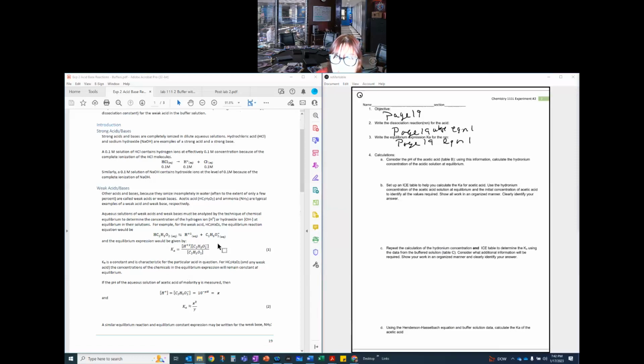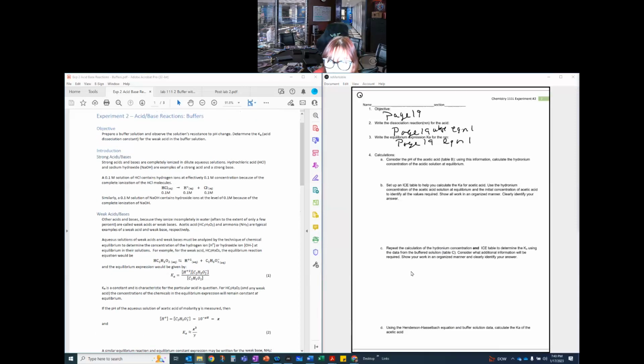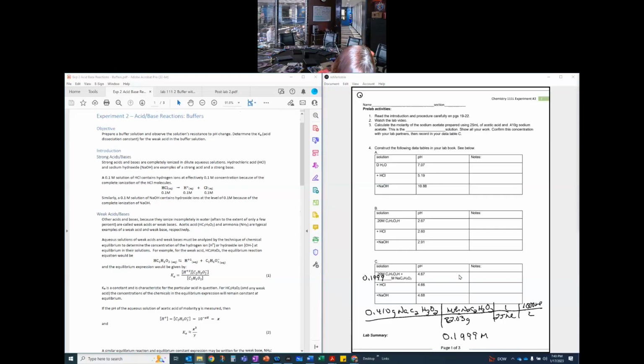On my calculations, it says consider the pH of the acetic acid. Using that information, calculate the hydronium concentration of the acidic solution at equilibrium. Well, if you look at the data that you were given on this page, the pH of the acetic acid solution is 2.67.